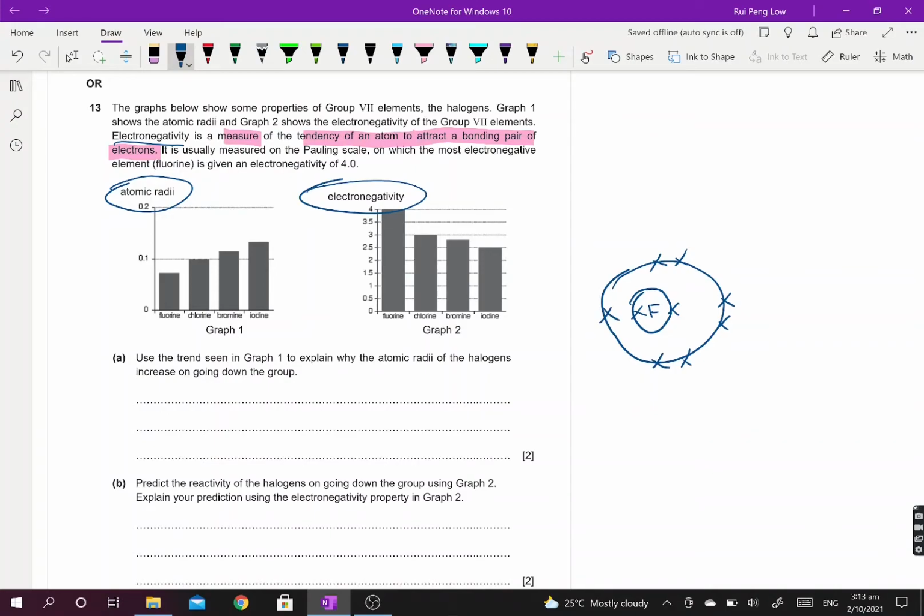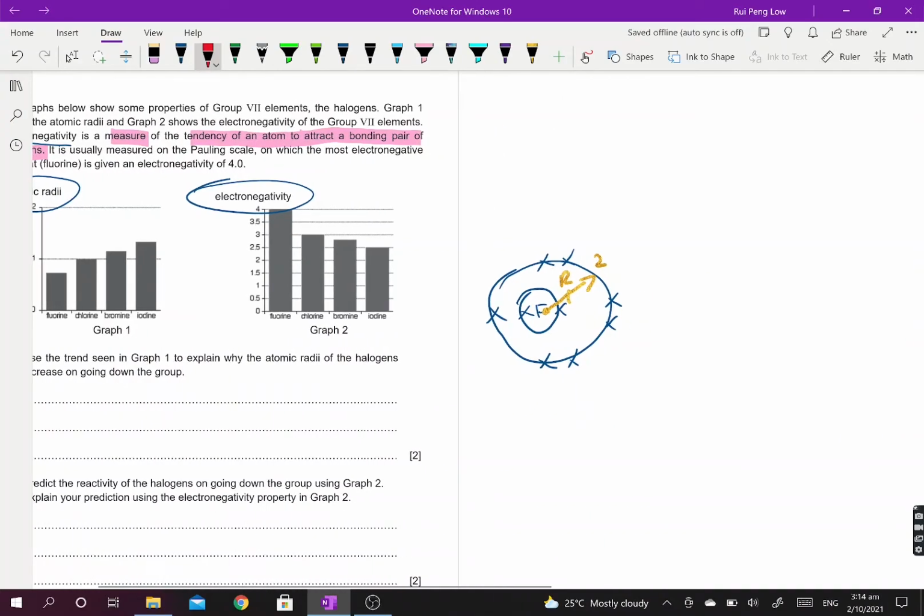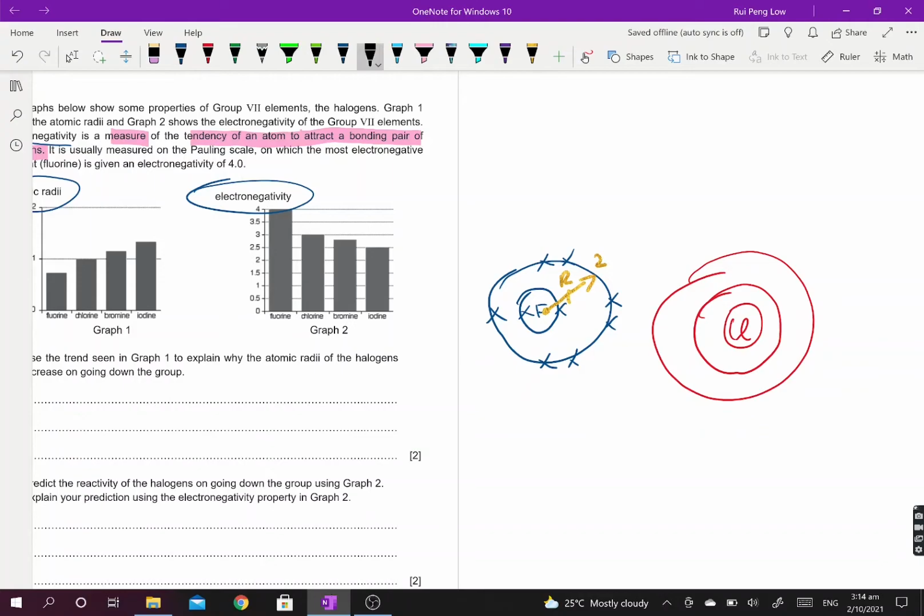If you take a look at a periodic table, you notice that fluorine has 1 and 2 shells, and hence this is what we call the atomic radius. Now for chlorine, it will have 3 shells. Quite common sense to understand that if you have 3 shells, then of course you should have a bigger atomic radius, and etc.